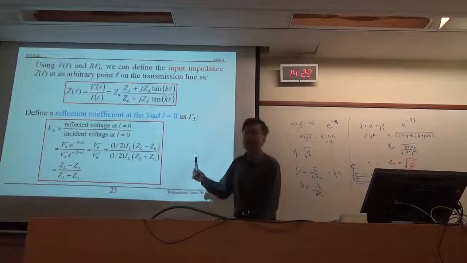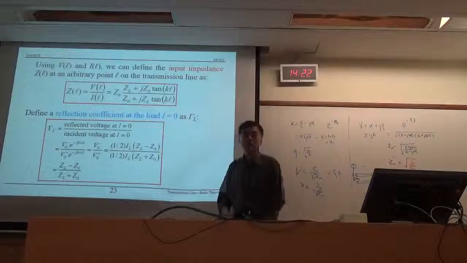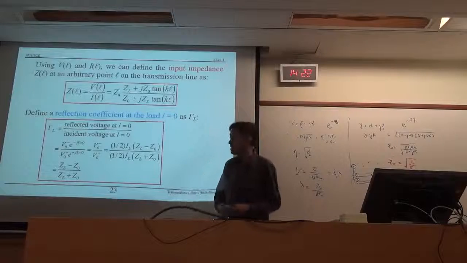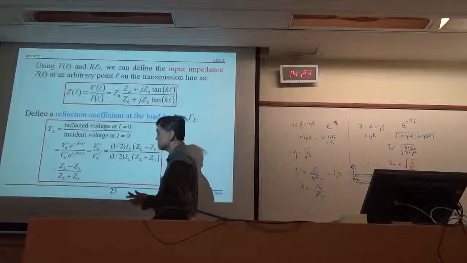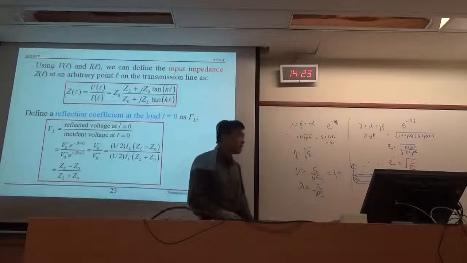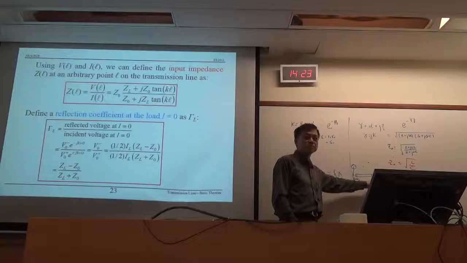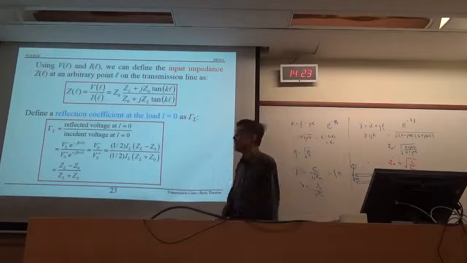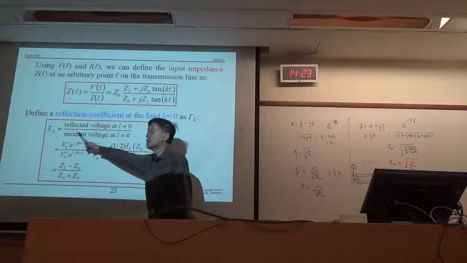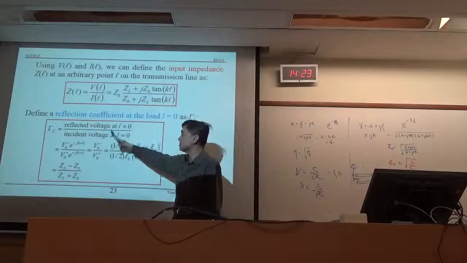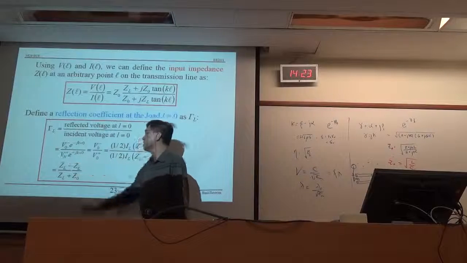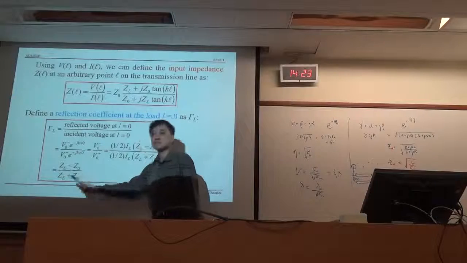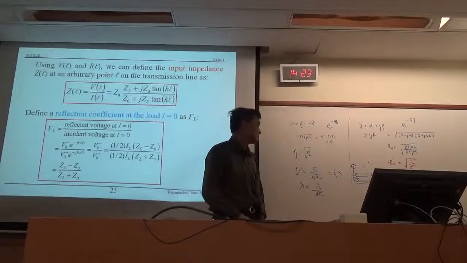Now, we will explore what is the significance of these particular equations later on, by looking at various examples. Then at the end of the transmission line, we can also find a reflection coefficient, which is equal to V0 plus over V0, and this is equal to ZL minus Z0 over ZL plus Z0.